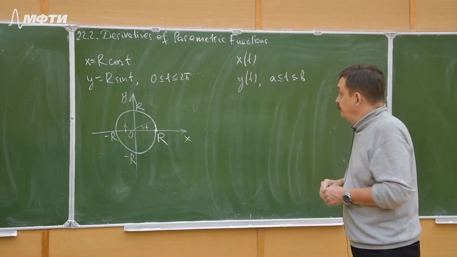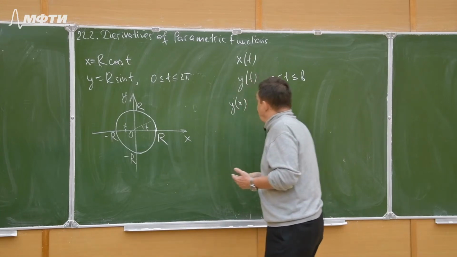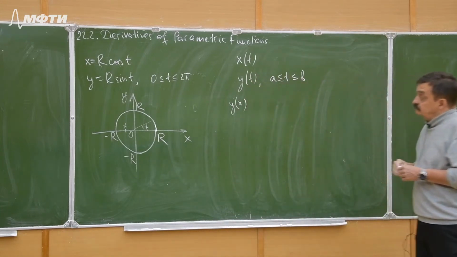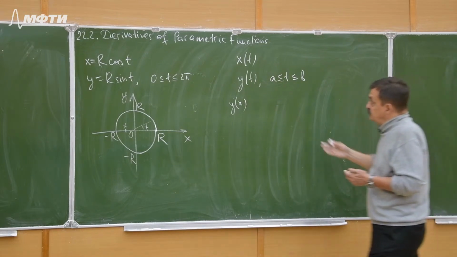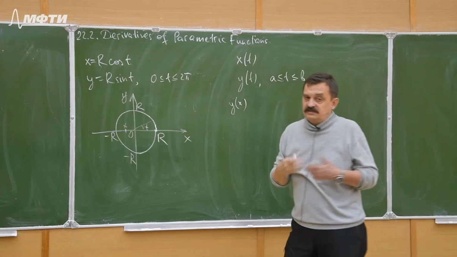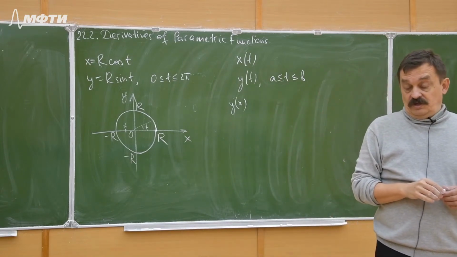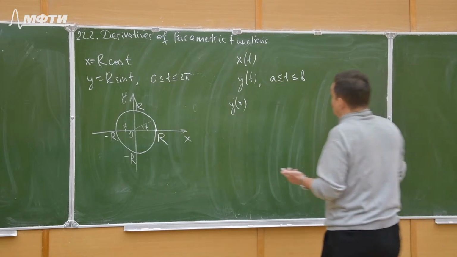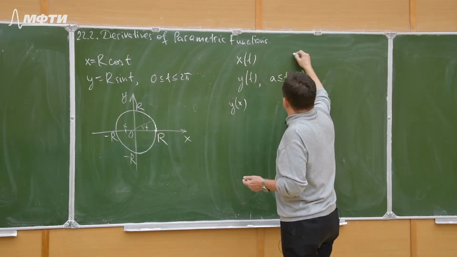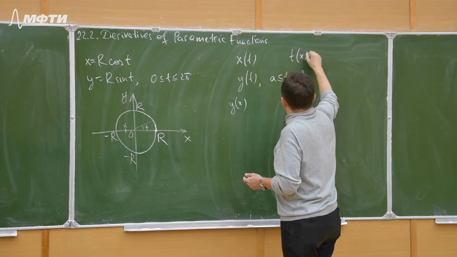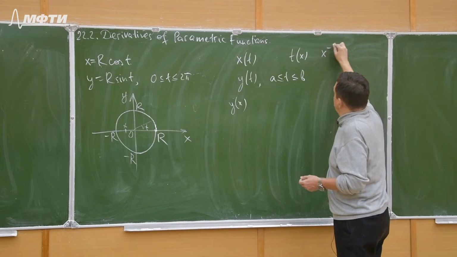And it gives y of x, in which case it gives a function, if x of t is strictly monotone. If x of t is strictly monotone, then we can find an inverse, t of x, which is x to the power minus 1, right?